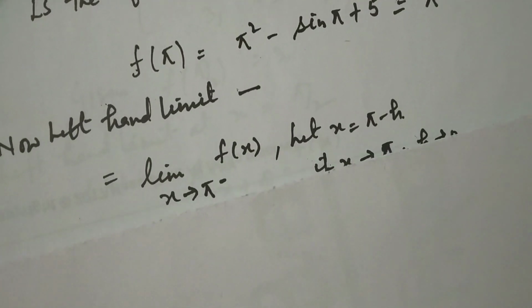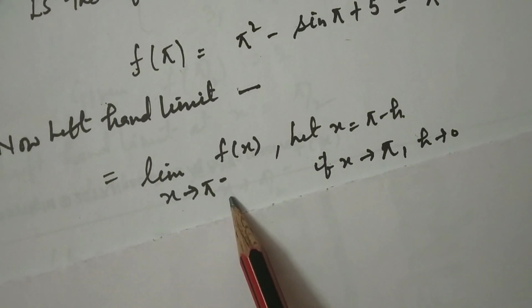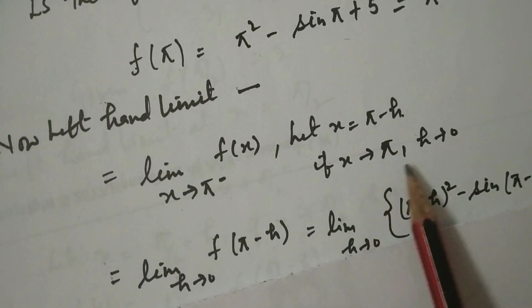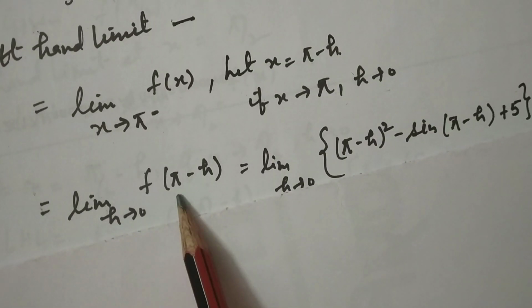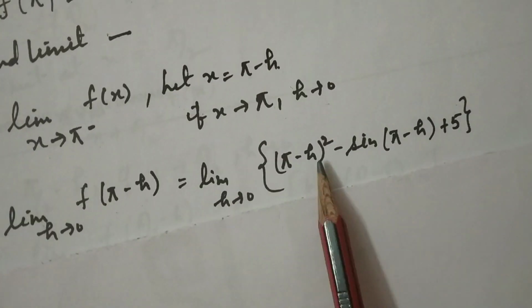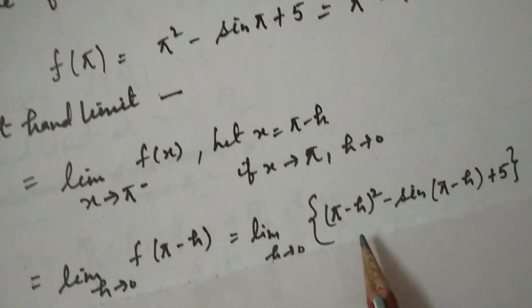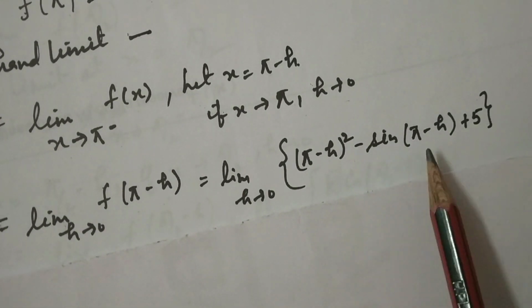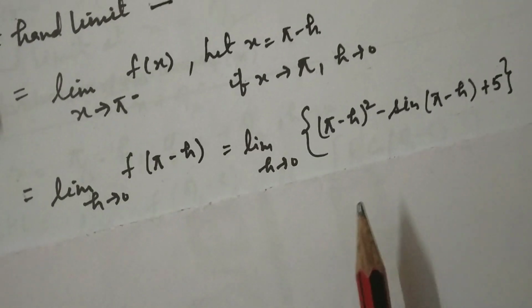Now trying to find the left hand limit. So for that we write limit x tending to pi minus f(x), and we keep x equal to pi minus h. When x tends to pi, h tends to 0. This way I write limit h tending to 0, and by keeping the value of the function, x square minus sin x plus 5, on place of x it is (pi minus h) square, minus sin of (pi minus h), plus 5.